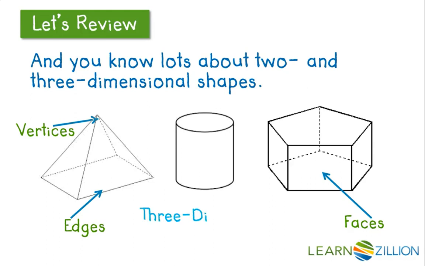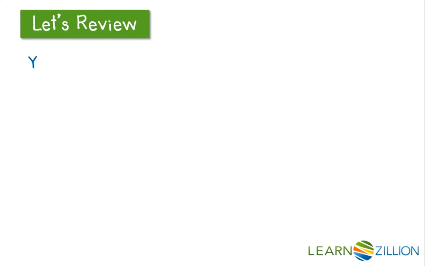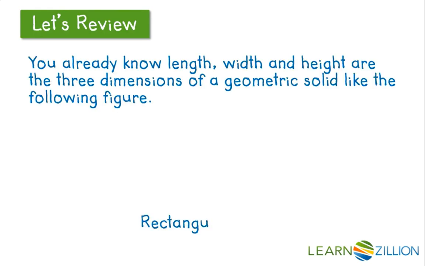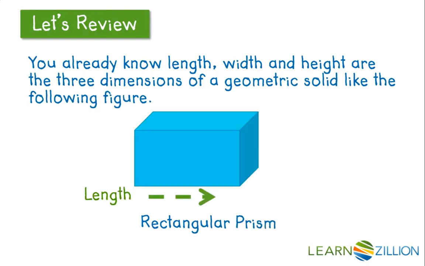They have 3 dimensions because they have inside space. And when you measure that inside space, that's called measuring the volume. 3-dimensional solids are 3-dimensional because they have 3 dimensions. They have length, they have width, and they have height.